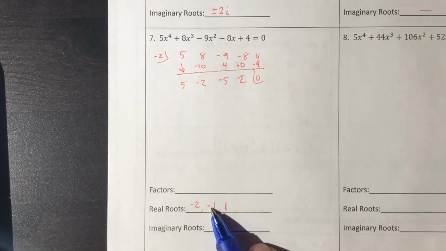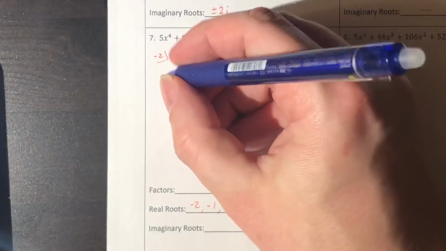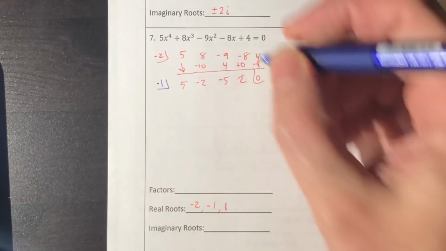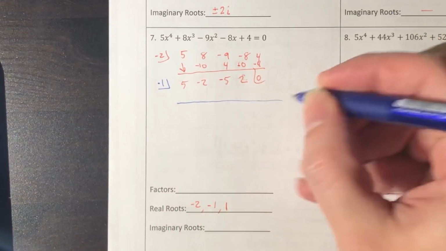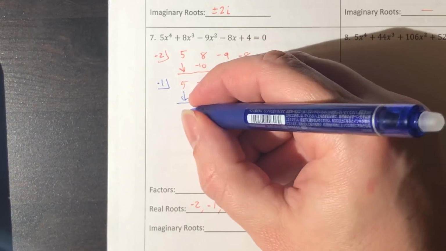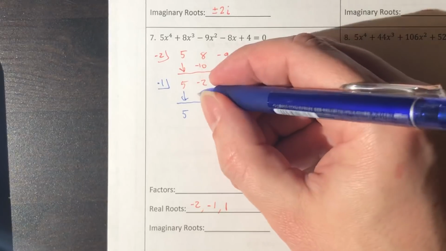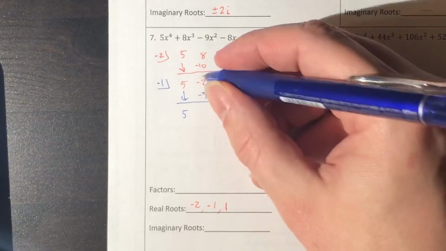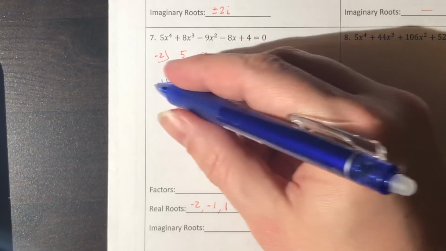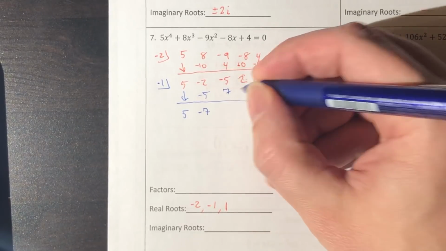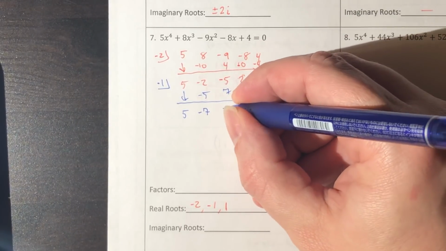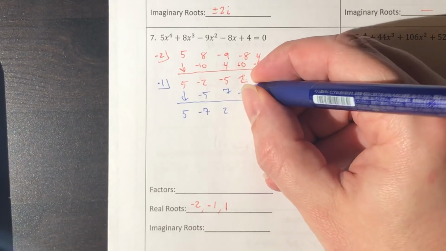I can do it again using the next zero that I have. So -1, do it again. 5 goes right down. So that's 5 times -1 is -5. Add those, gives me -7. Times -1 is +7. Add those is +2. Times -1 is -2.